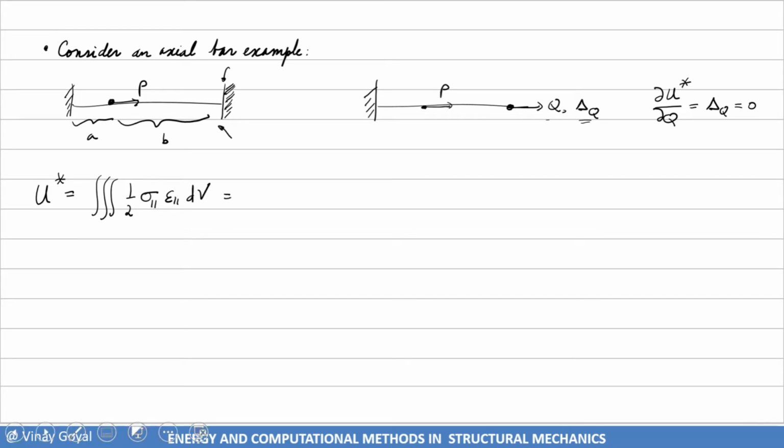So if you recall, for an axial bar, epsilon 1 was equal to U1 prime. You can look it up. That's what we had for an axial bar. And so what I can do, I can say, okay, that's the integral from 0 to L, and I'll put the 1/2 here, double integral sigma 1 dA.